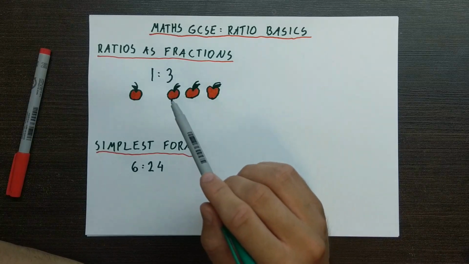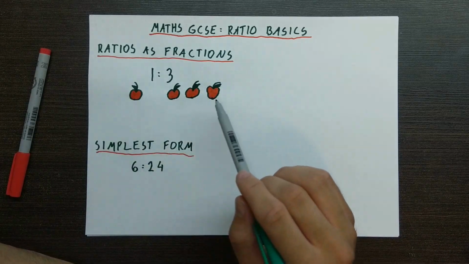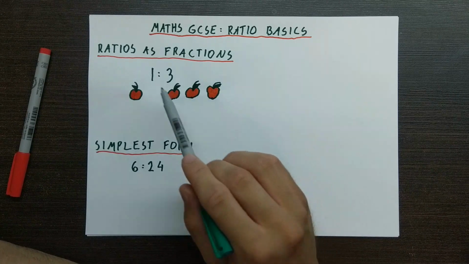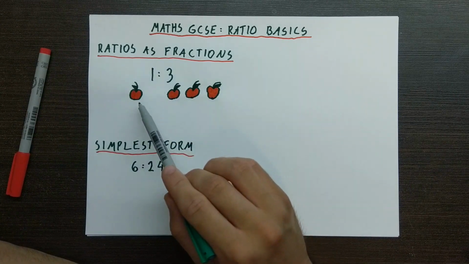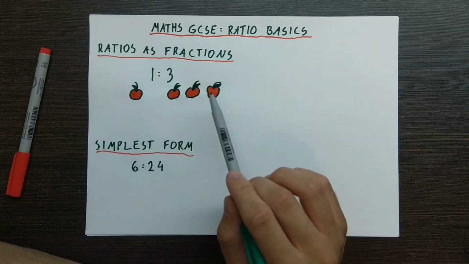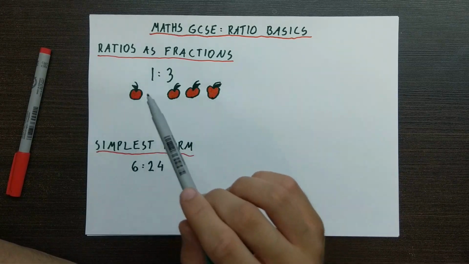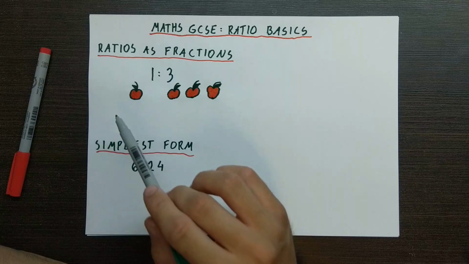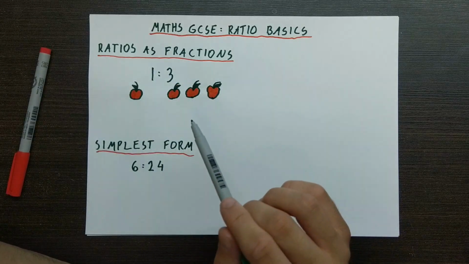What does that mean? Well, if we have 4 apples, it would mean that 1 apple goes to one person and 3 apples go to another person. If we were to split it 2 to 2, then 2 apples would go to one person, 2 apples would go to another person.